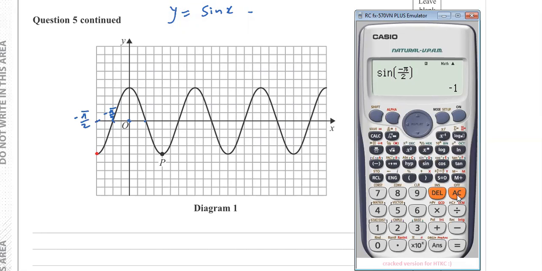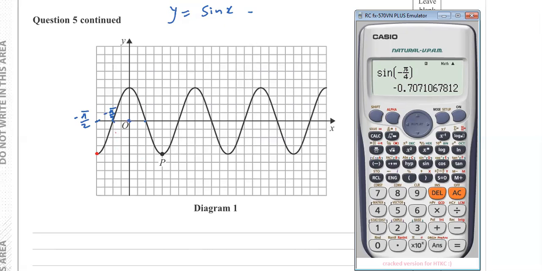Then if I will take for sin of negative pi by 4, sorry, it should be pi by 4, is 0.707.